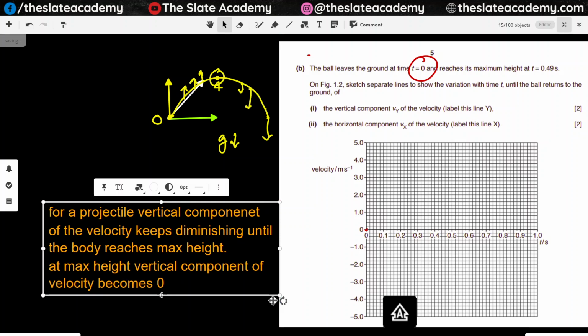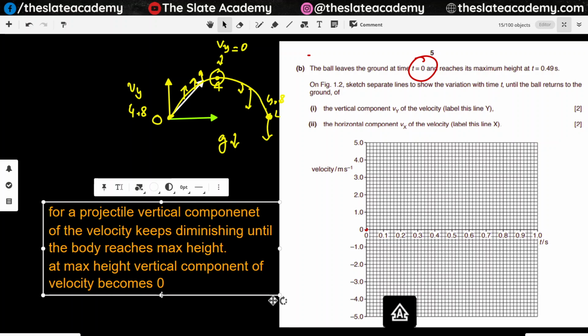And now at point O and at point L, let me call this point over here L, Vy will be the same. So if over here it was 4.8, at this point it was 4.8, at maximum height Vy will be 0, and when it comes down it will again be 4.8.